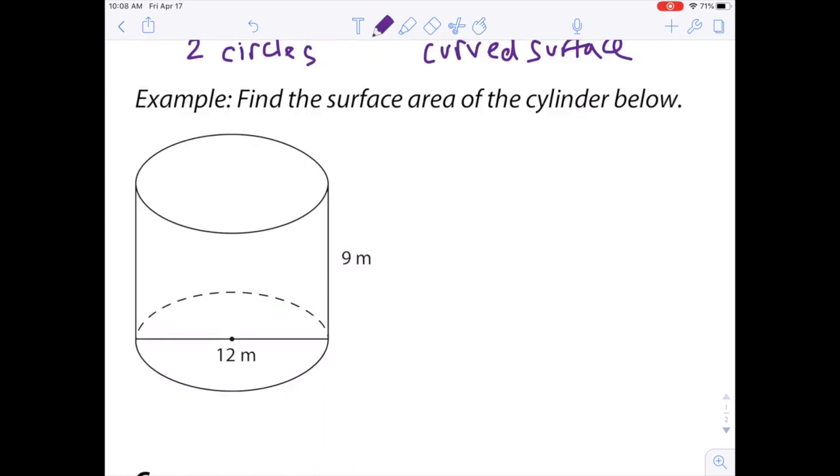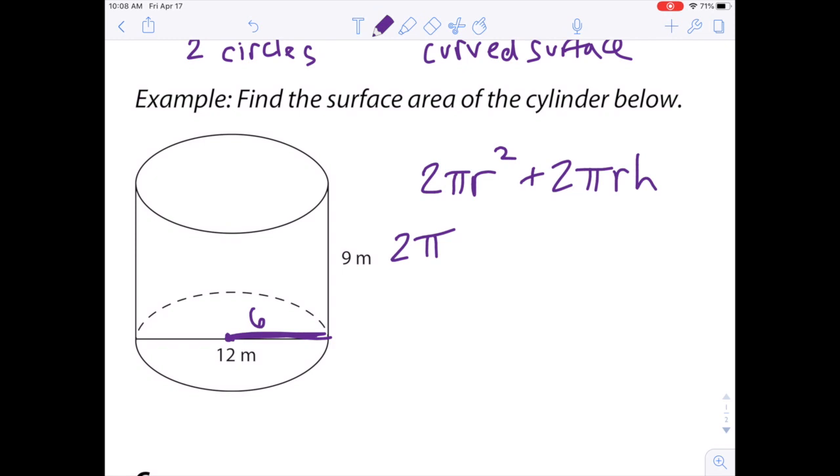Okay, so we're going to try this example. We're going to start with the formula, 2 pi r squared plus 2 pi rh, and plug in what we know. Hopefully we remember that the radius is the distance from the center out to the edge. So if the whole thing is 12, our radius will be 6.